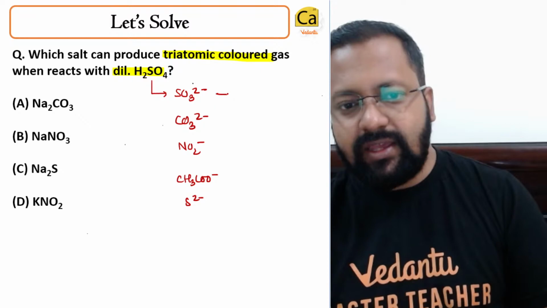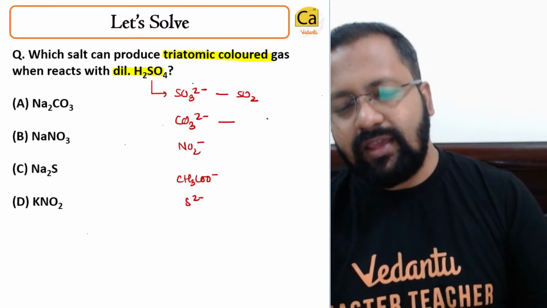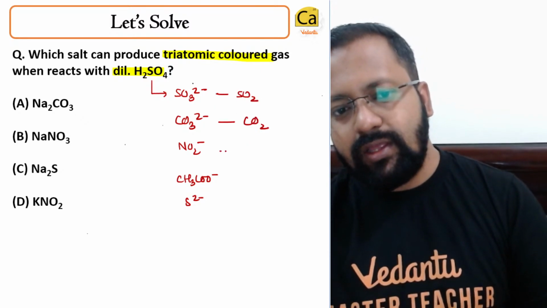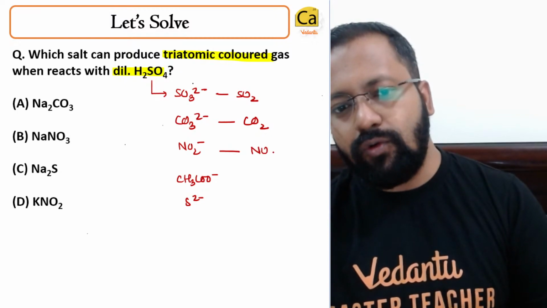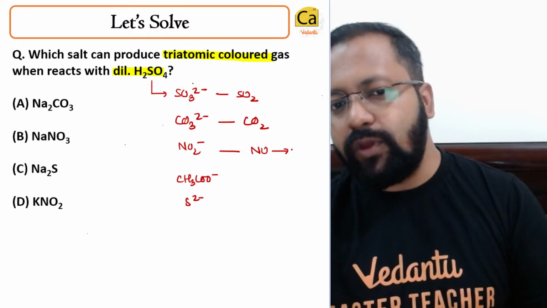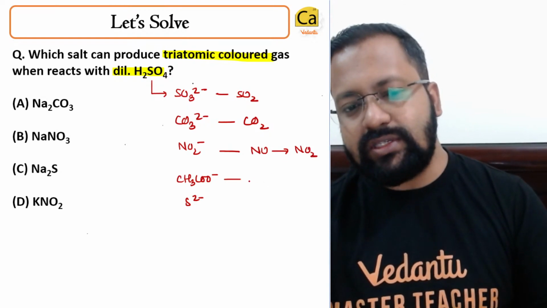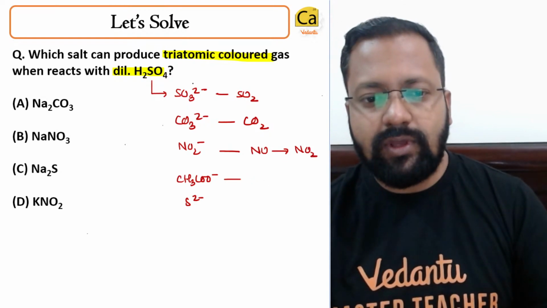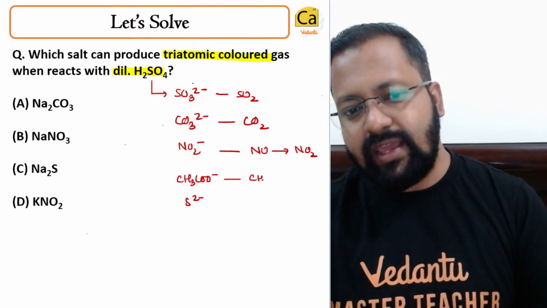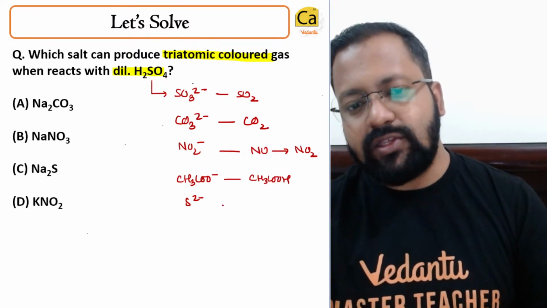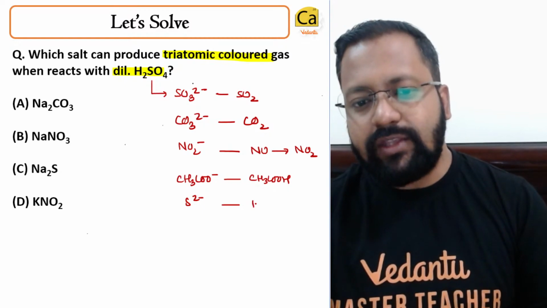This was giving rise to sulfur dioxide, giving rise to CO2, giving rise to NO, which was undergoing aerial oxidation to give NO2. This was giving rise to acetic acid, and this was giving rise to H2S.